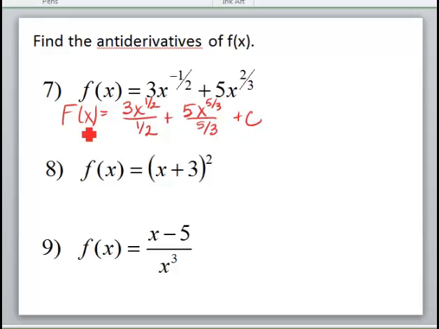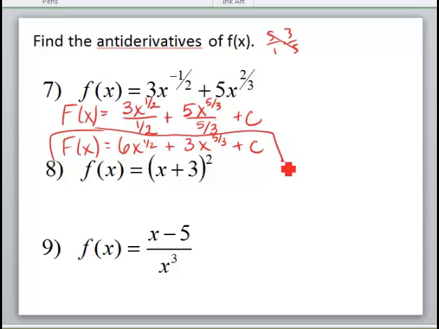Plus c. We're not going to leave our answer like this. 3 divided by 1/2 is really 3 times 2, which is 6. x to the 1/2 plus 5 divided by 5/3. 5 over 1 times 3/5 gives me a 3. x to the 5/3 plus c.